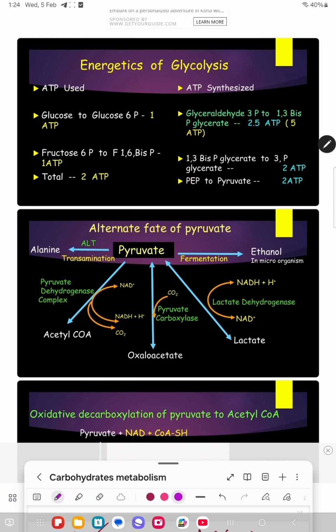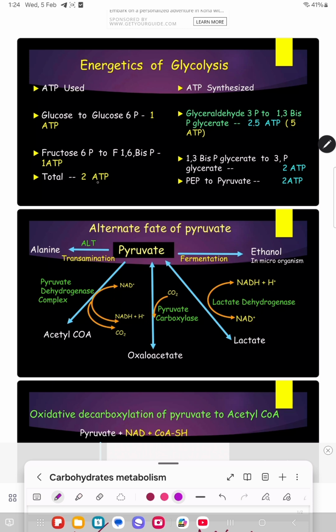So glucose to glucose 6 phosphate, 1 ATP is used here, fructose 6 phosphate, 1 ATP is used here, total 2 ATP, and here also you can see the 2.5 ATP in this step, okay. I already taught you there. And 1,3 bisphosphoglycerate to 3 phosphoglycerate, here 2 ATP were involved.